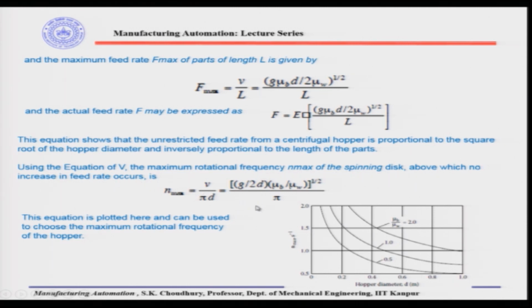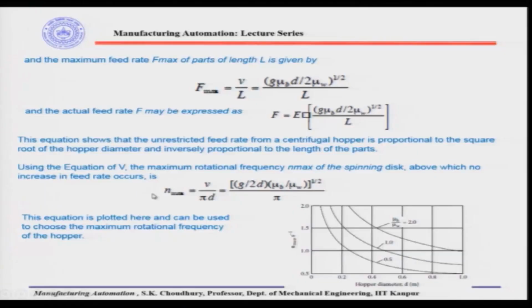So, from the velocity, knowing the diameter of the hopper disc, we can find out n max. n max will be v divided by pi d, because pi d into n is the velocity. So we know the velocity, and that divided by pi into d will give you the maximum rotational frequency.